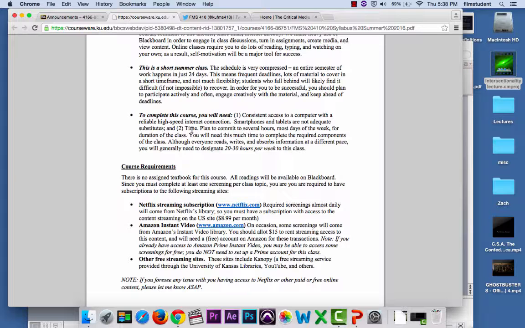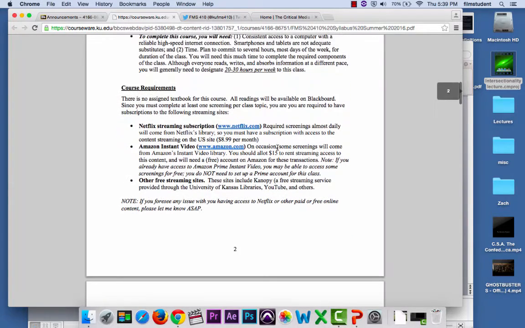This is going to take real commitment on your end, and it's also going to take quite a bit of self-discipline and self-motivation. Everyone reads and writes and absorbs different information at a different pace, but I've generally recommended that we designate about 20 to 30 hours per week for the class, which on the outset might sound like a lot, but remember, we're compressing basically 16 weeks of a full semester's length course into 4 weeks.